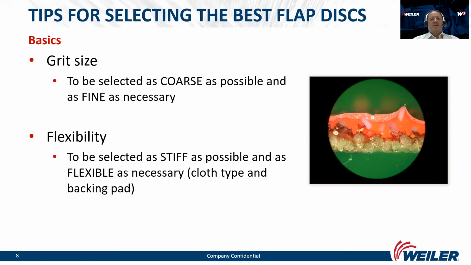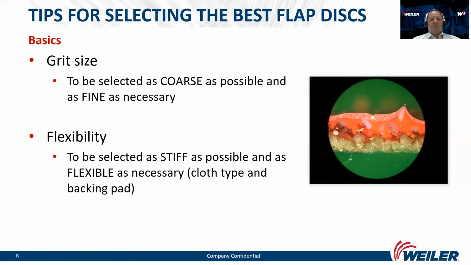Grid size to be selected as coarse as possible and as fine as necessary, because coarser grid sizes grind faster and perform a longer tool life. Flexibility, to be selected as stiff as possible and as flexible as it is necessary. That means both cloth type and backing pads.